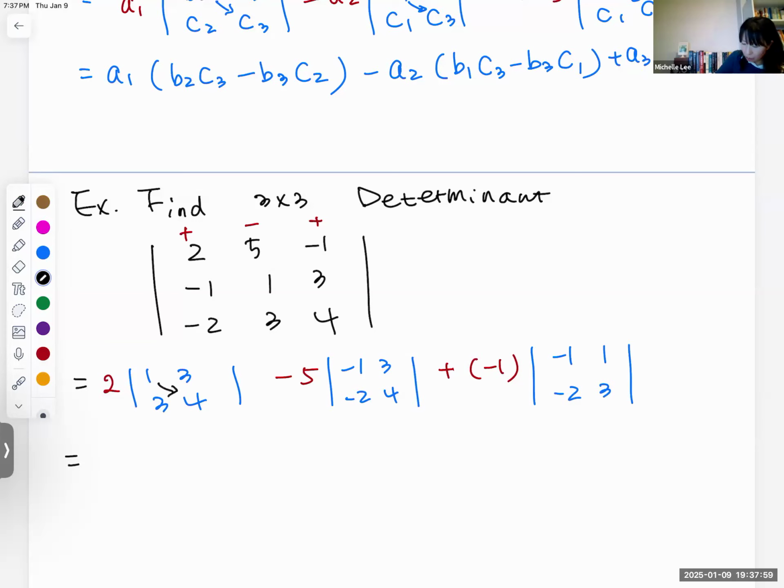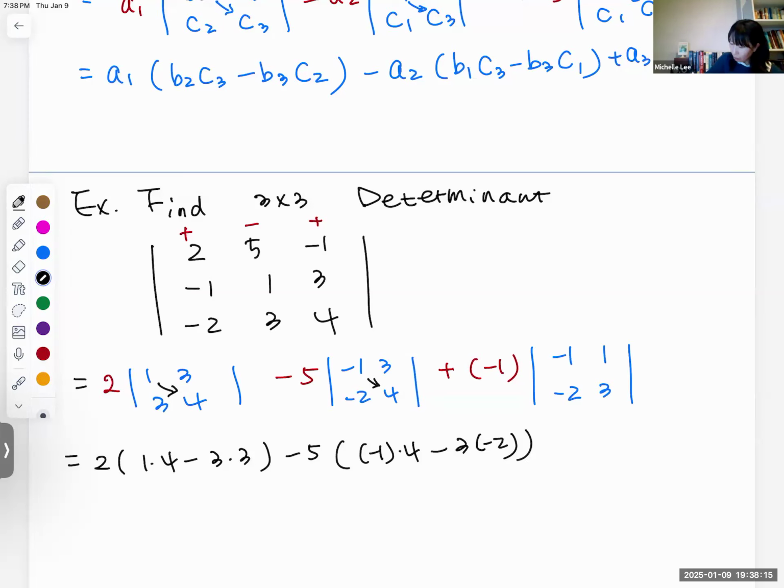So we calculate it this way. 2 times 1 times 4 minus 3 times 3. Yeah? Minus 5 times negative 1 times 4 minus 3 times negative 2. Negative 1 times 3 minus 1 times negative 2.